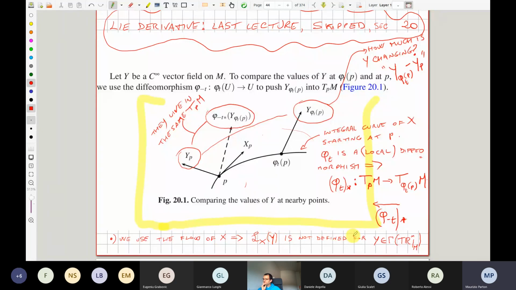But the normal vector is a section of the tangent bundle restricted to M, but not the tangent bundle to M. Okay, so this means that you cannot use this derivative for measuring how much the normal vector is changing. Is this clear?